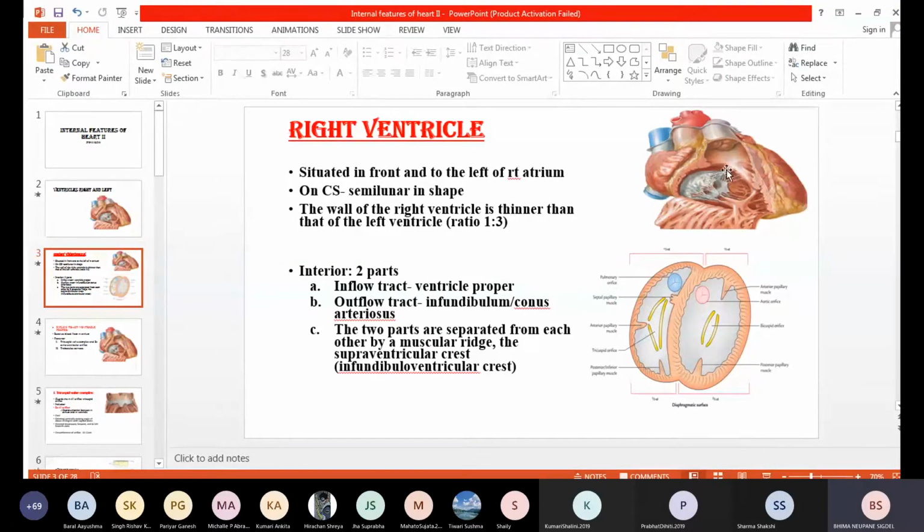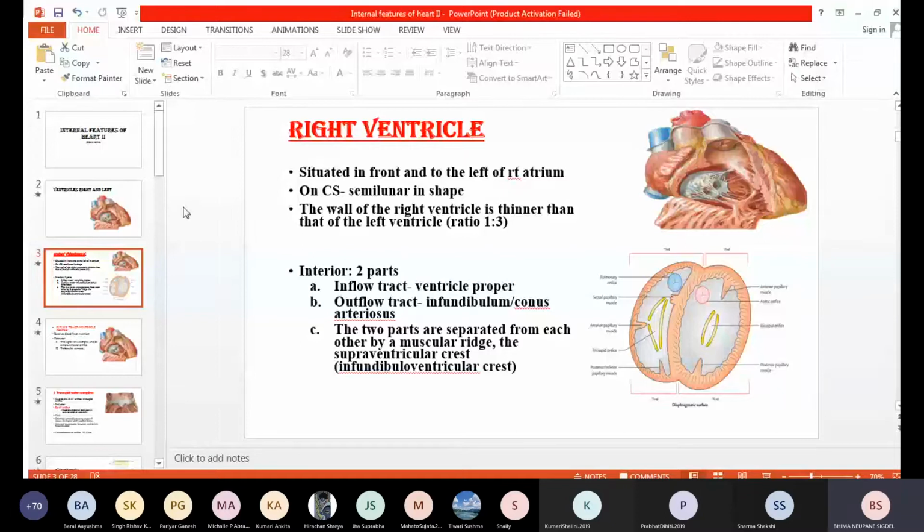Supraventricular means above the ventricle, and that is this part only. That is the partition between the inflow tract, or ventricular proper, and the outflow tract, or the infundibulum of the right ventricle.